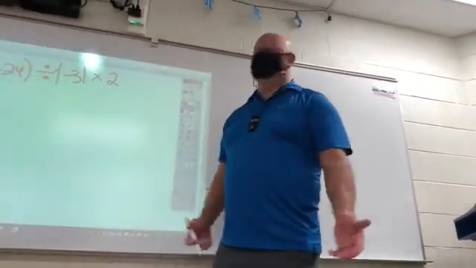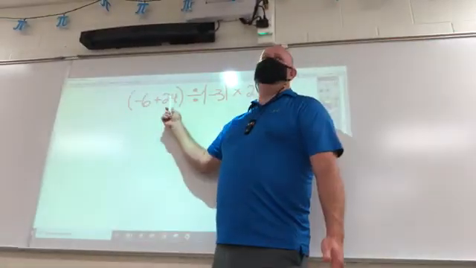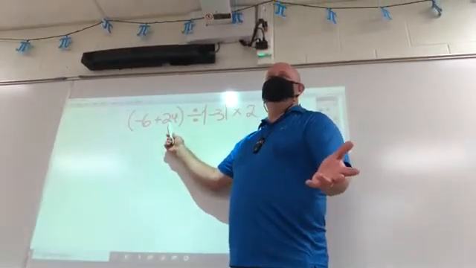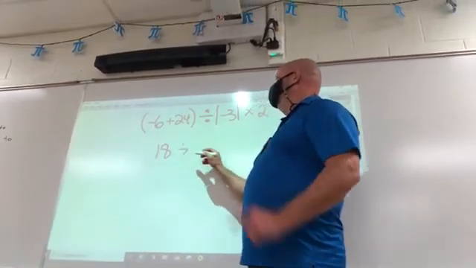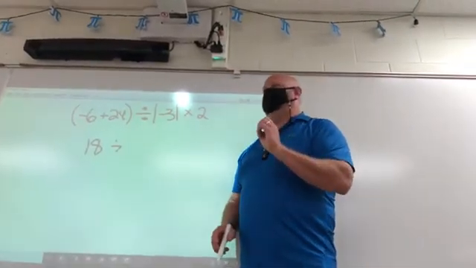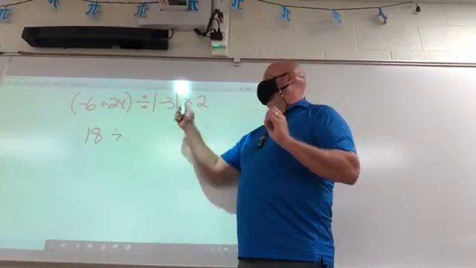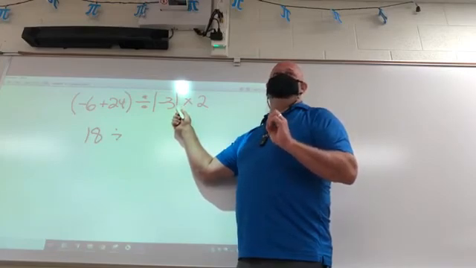So what'd you do first? Inside the parentheses, negative 6 plus 24 is 18. Divided by, there is another thing inside parentheses that I also should take care of in the first step, which is the absolute value of negative 3, which is 3.